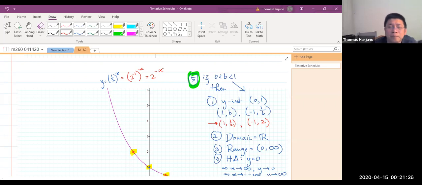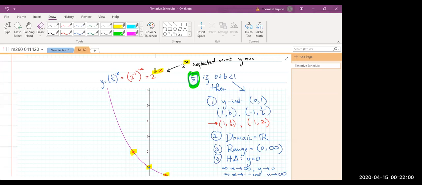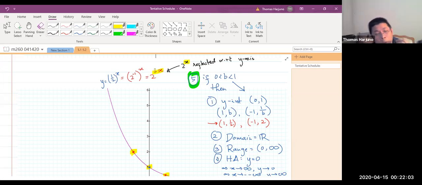Which is basically the graph of 2 to the x reflected with respect to the y-axis. If you remember, we replaced x by negative x, and when we do that, we reflect with respect to the y-axis.